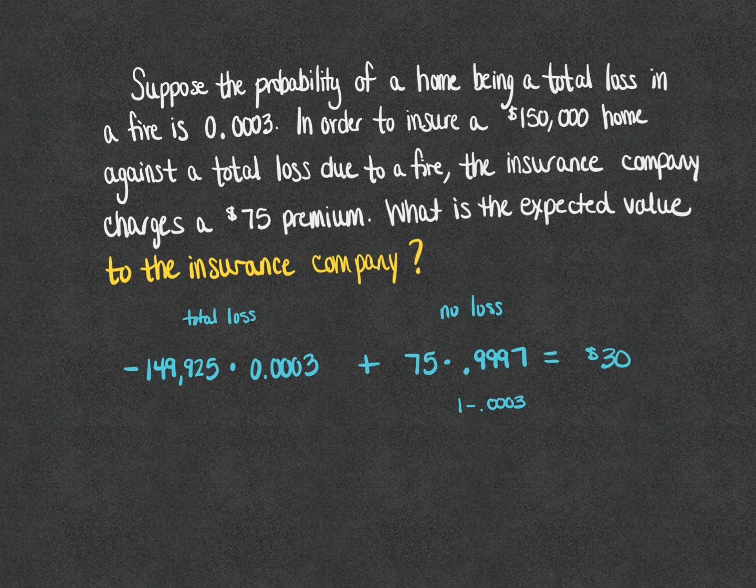Don't forget that there's money that is put down initially, in most cases, to play the game or to purchase insurance, whatever that happens to be, and multiply each one of those wins and losses, the amount gained or lost, by the probability that you would gain or lose that much money. Multiply them all together, add them up, and you will get the expected value, the long-term average gain or loss whenever you repeat this scenario over and over and over again.